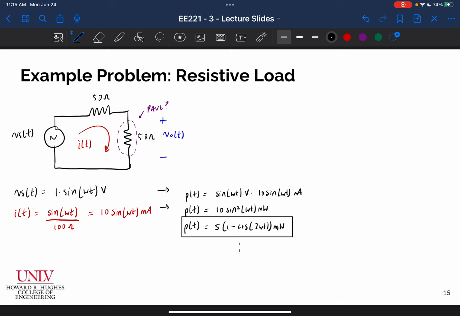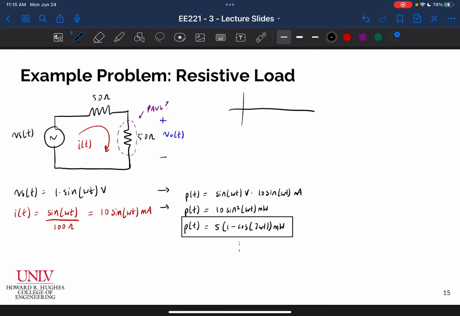Or I can use RMS values. Since this is a purely resistive load, I know that the voltage and the current are in phase. I know the RMS value of a sine wave is just its peak value divided by √2, right? So if I'm looking at my voltage waveform here, it's swinging up to a value of 1.